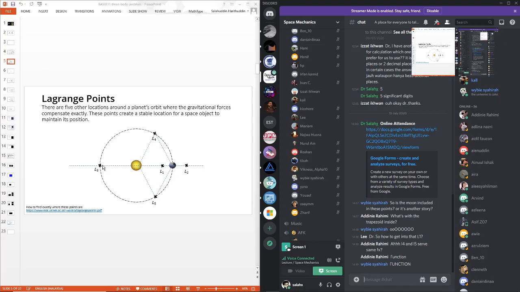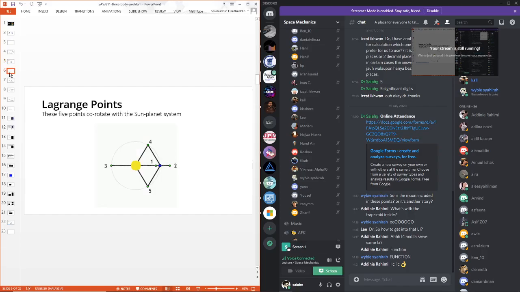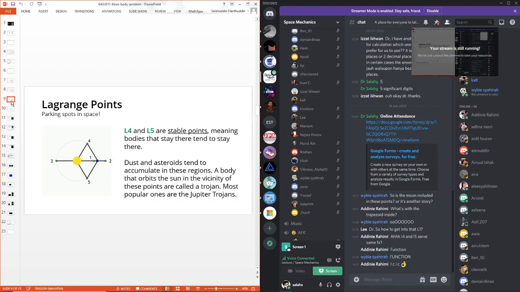I'm just going to give an overview of what spacecraft applications we can use this for, but I'm going to show you also what naturally happens in space. Okay, so that's how I explained Lagrange points 1, 2, 4 and 5.